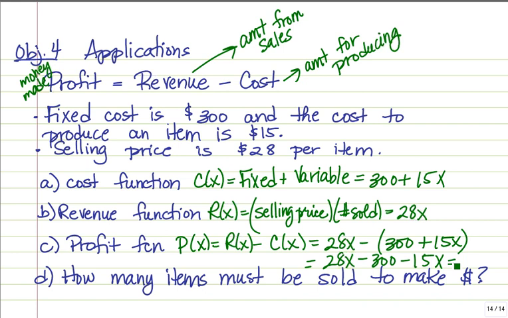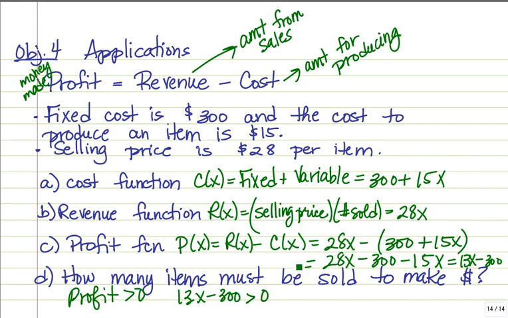Or when we simplify, 13x minus 300. So how many items must be sold to make some money? So if we want to find the answer to this, we need to know, when is our profit greater than 0? So when is that 13x minus 300 greater than 0?